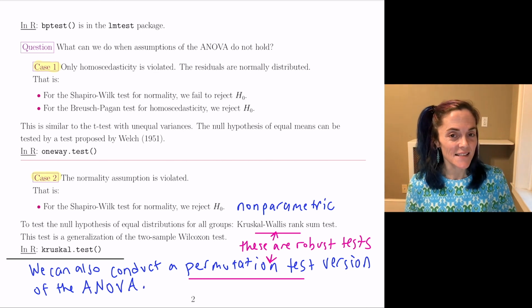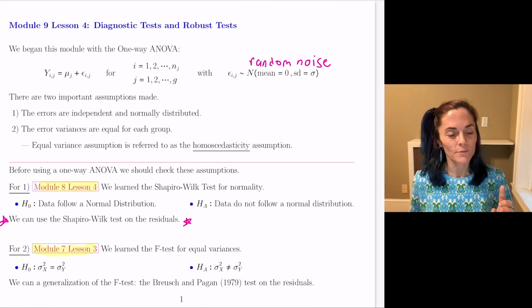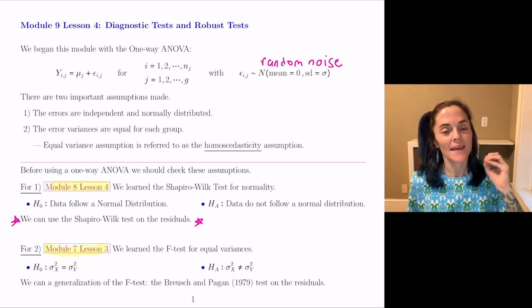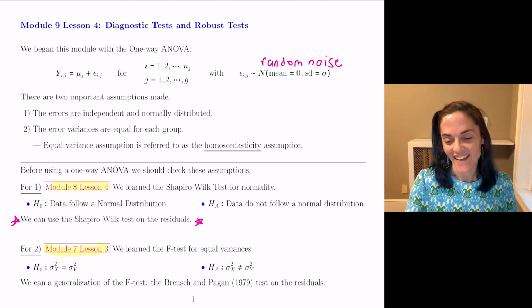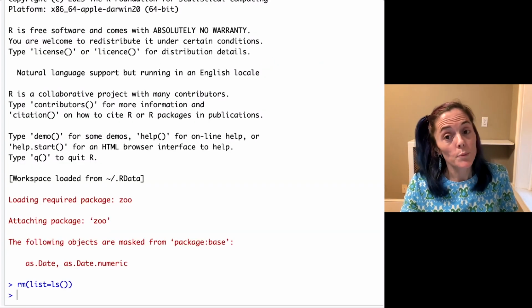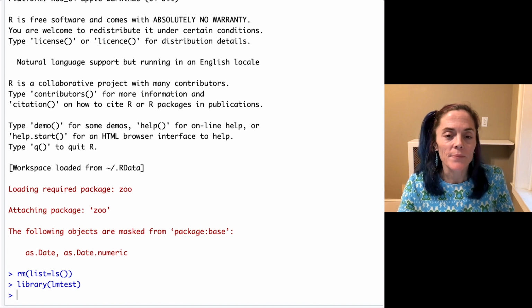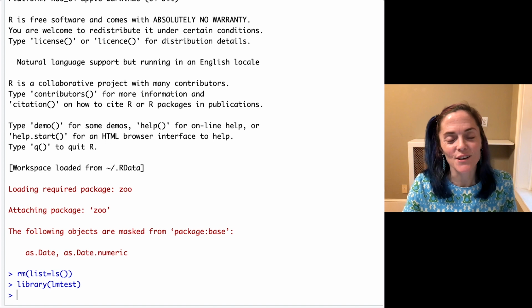Before we end this video, I want to go back to R and show you this Shapiro-Wilk test and Breusch-Pagan test on an example we had in our last video. First, in order to use the Breusch-Pagan test, we need this lmtest library. Now, one thing we looked at in the two-way ANOVA lecture, we looked at this tooth growth data.